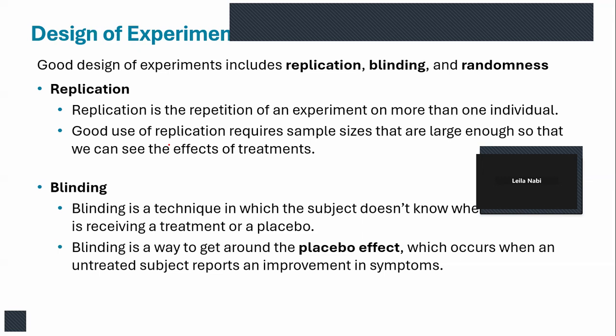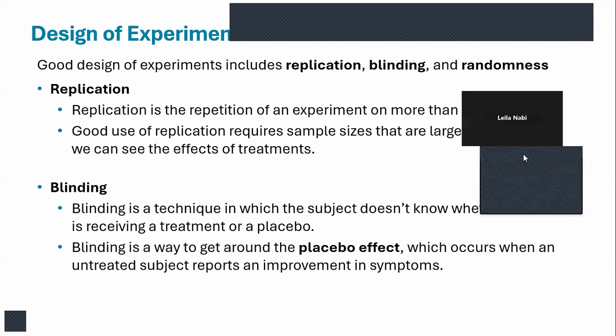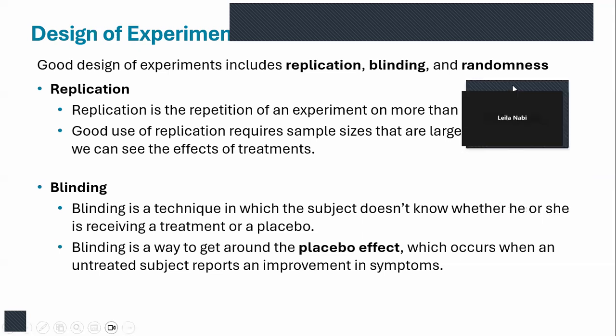Blinding is a technique that the researcher can choose when they are giving the people a treatment or the placebo. Do not let the subject know whether each of them is receiving a treatment or placebo. When the subjects do not know if they are receiving a treatment or the placebo, the researcher can reduce the placebo effect.